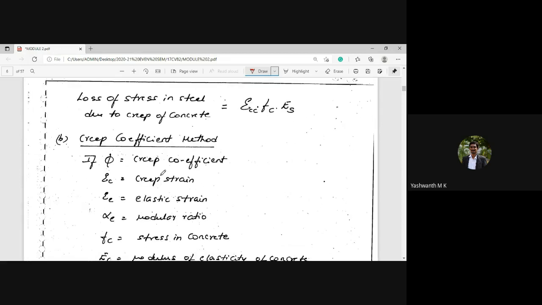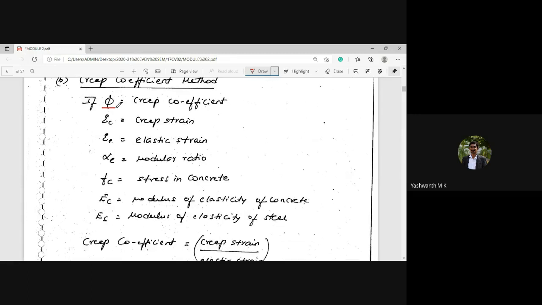The next method is the creep coefficient method. Here phi is called the creep coefficient, epsilon c is called the creep strain, and epsilon e is called the elastic strain. Alpha e we already know, that is the modular ratio, which is given by Es by Ec. fc we know, the stress in concrete at the level of steel. Ec and Es you already know, the modulus of elasticity of concrete and steel.